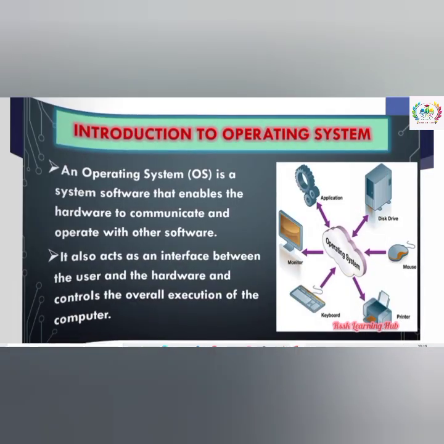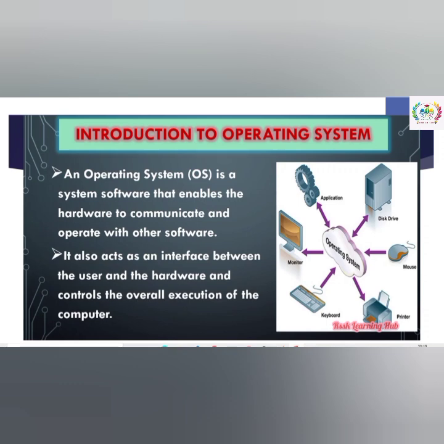So coming to the introduction part, OS is your system software that enables your hardware to communicate and operate with other software. Okay, so I already told you it is an interface. Now look into this example diagram.